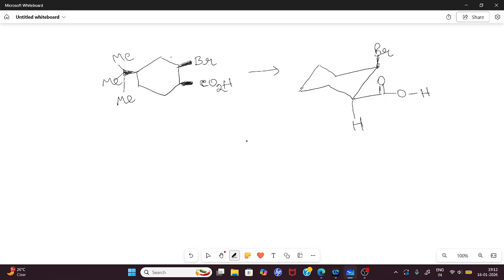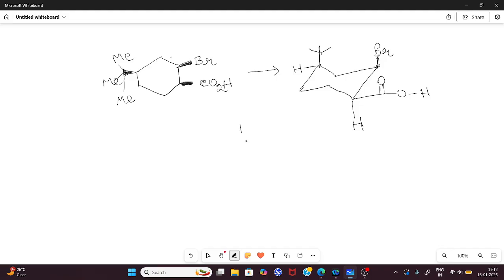And here we have the bulkier alkyl chain. So I'll put it like this. This is the configuration in which the alkyl group or this bulky group exists. So this is what is provided to me in the question.